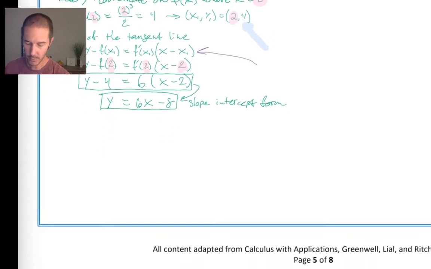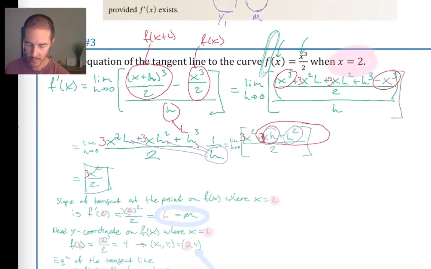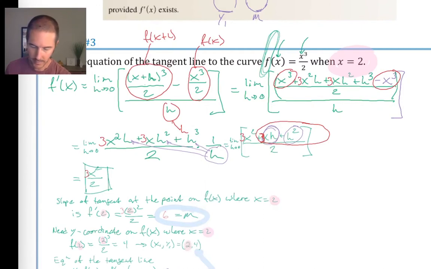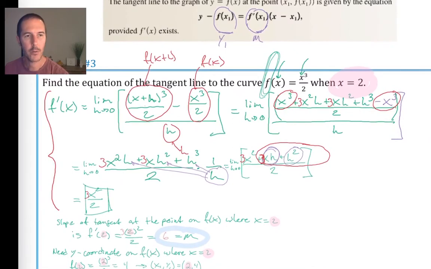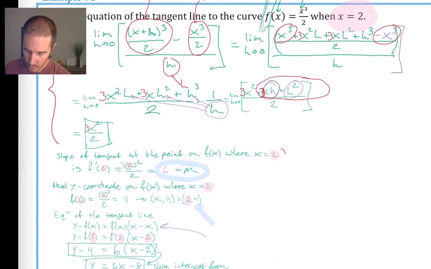So be patient with yourself, stay organized, try to label the different components of the process. I've already talked through it a couple of times, but this, I bracketed it on the left there, that was finding the first derivative. The next two lines were using the first derivative and the given x value in order to find the slope of the tangent line.